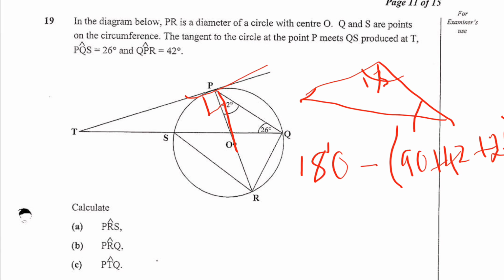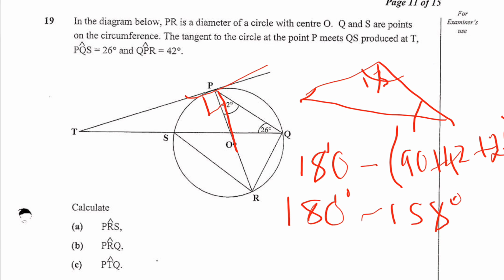We have 180 degrees minus, where 90 plus 42 is 132, and 132 plus 26 is 158.